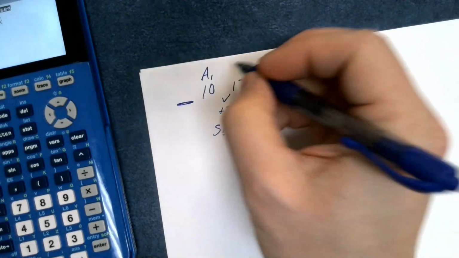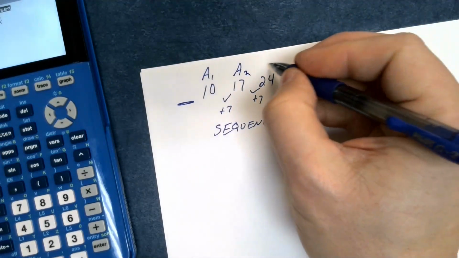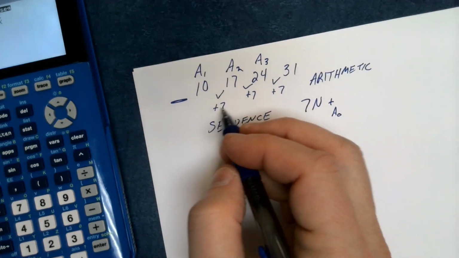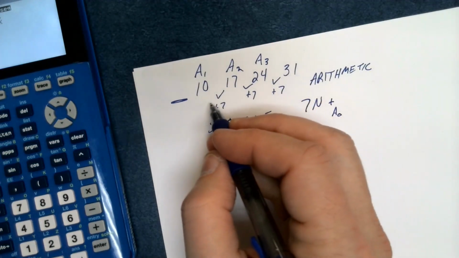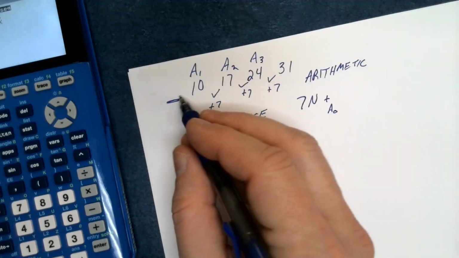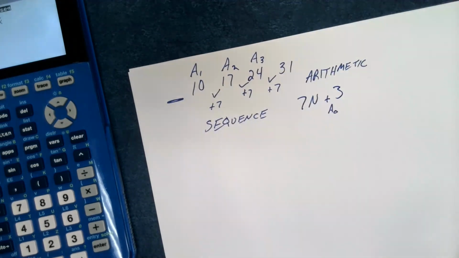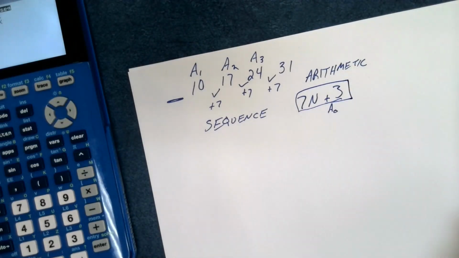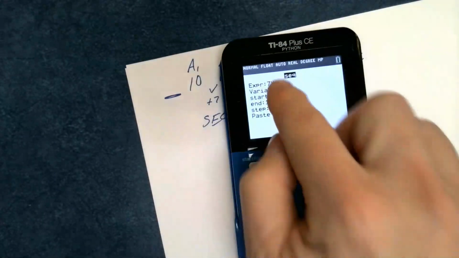If this is a1 and this is a2 and this is a3, and I'm going up by 7 here, then to go backwards I go down by 7. So this must be 7n plus 3. Okay? So that is what gets stored right here.